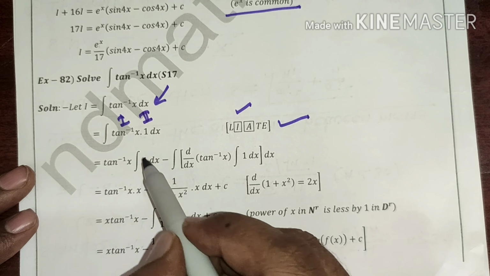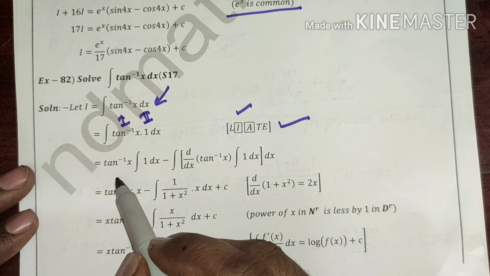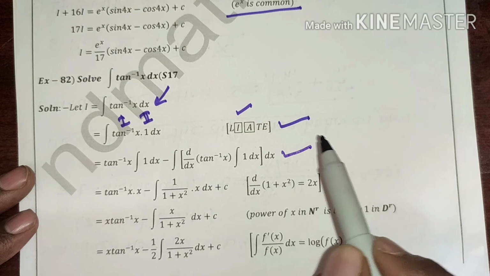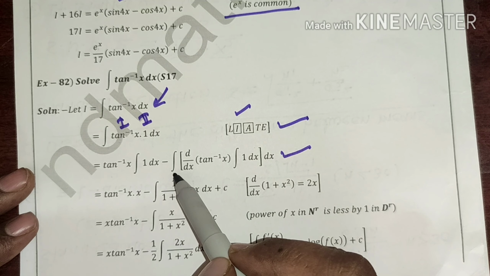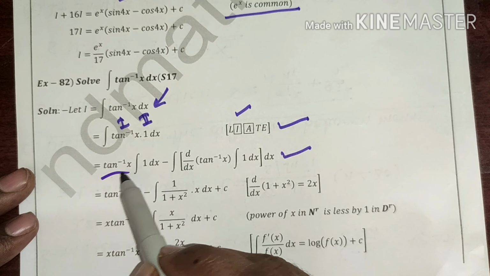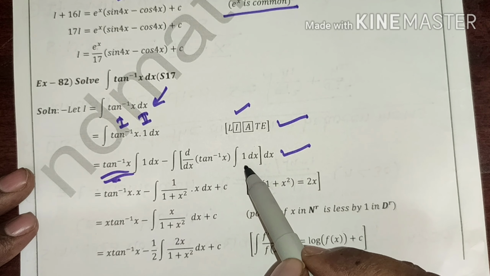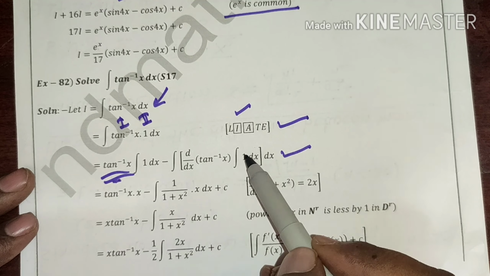So we'll have first function times integration of second minus integration of the derivative of the first function times the integration of the second function. This is our rule. Once again: first function times integration of second minus integration of the derivative of the left function times the integration of the integrated function. The left function is tan inverse x.